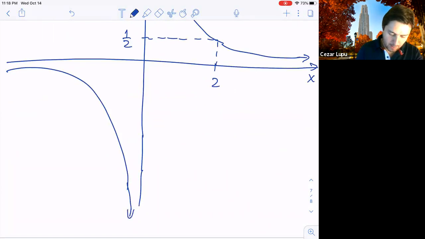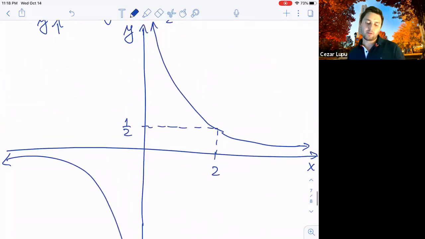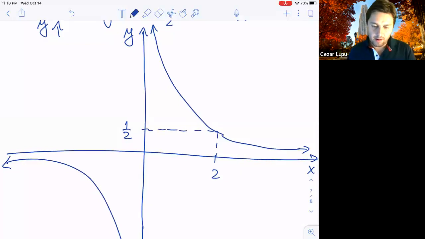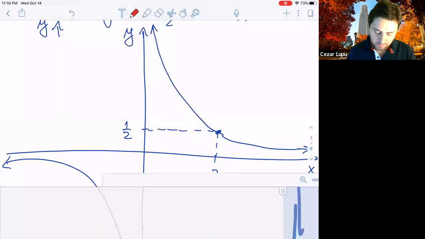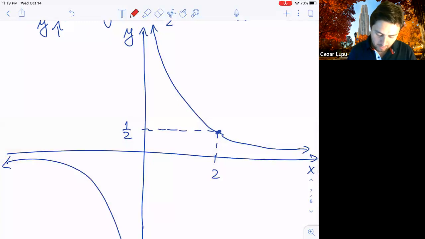Okay, so this is how the graph would look. And now we have what we will call the normal line. But anyway, it will be something like this.